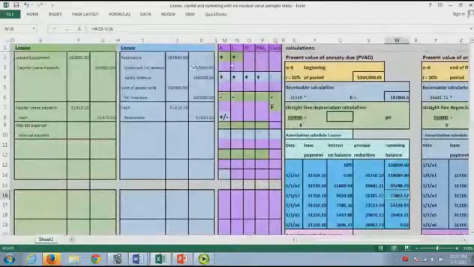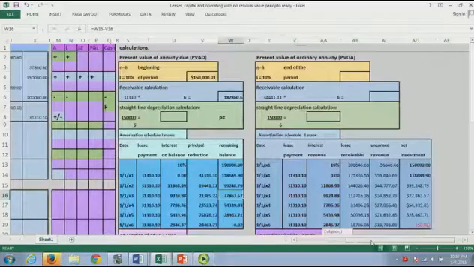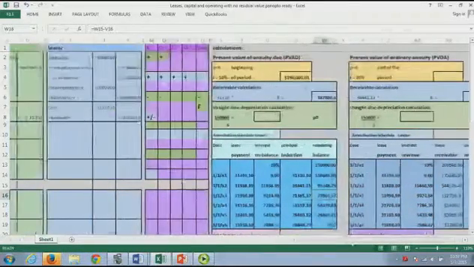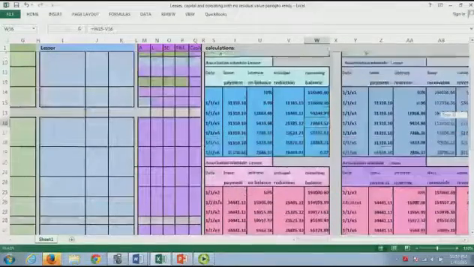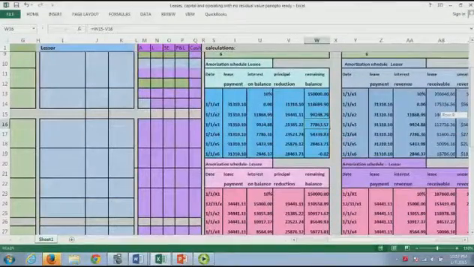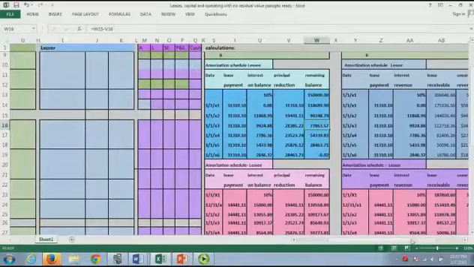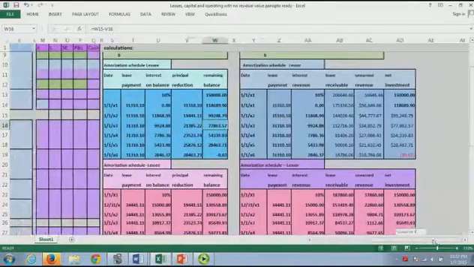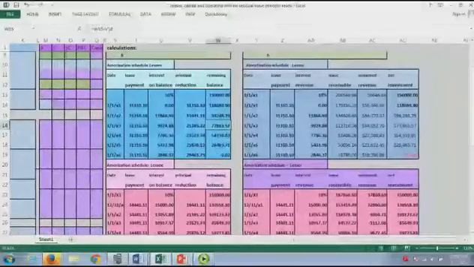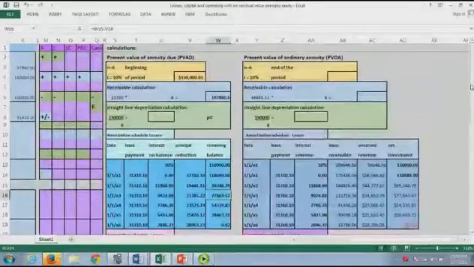If I go back to the entry... that's the lessee, beginning of the period. Let me just put in what we had, because I know we did this properly.